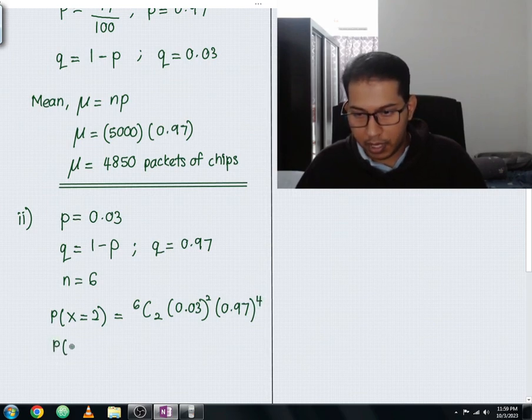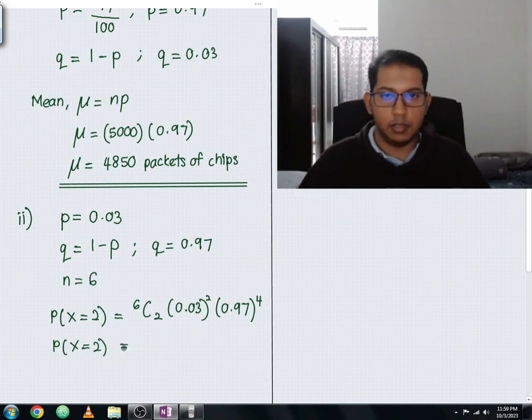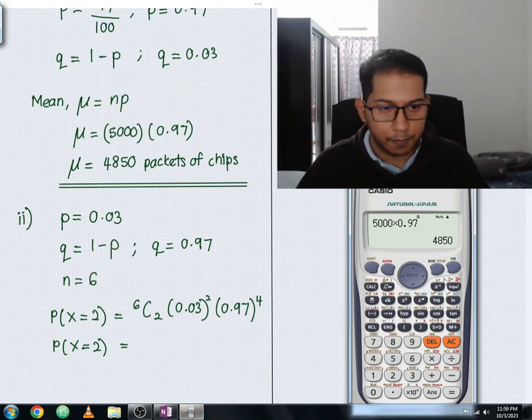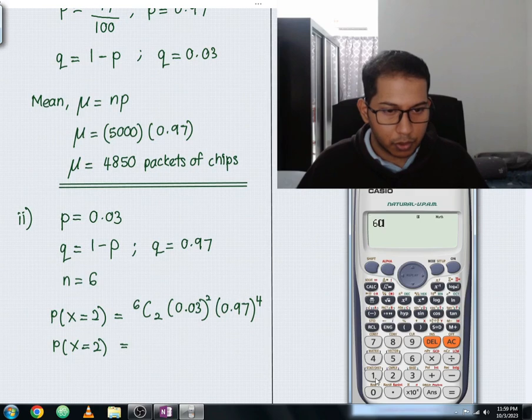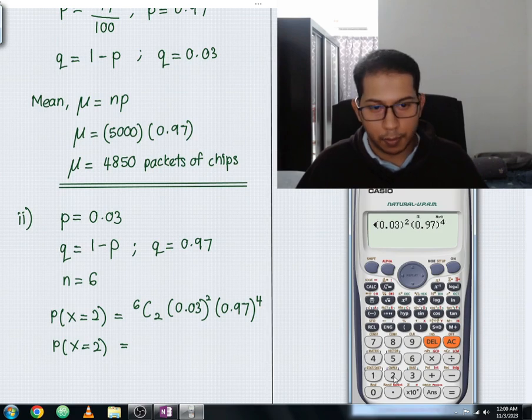So probability X equals 2 will be equal to, let us do the calculation: 6 choose 2, times 0.03 squared, and then times 0.97 to the power of 4.